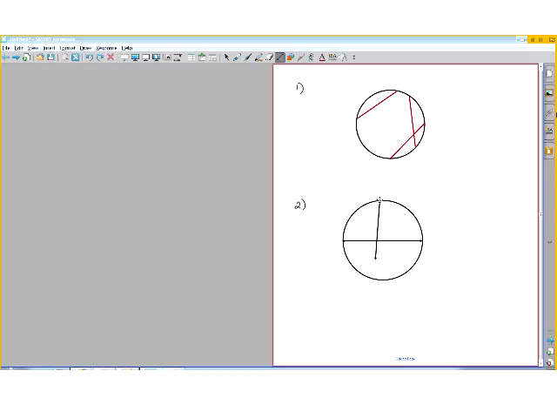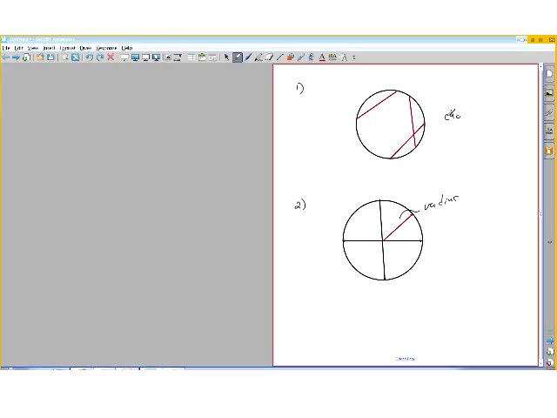If you want to find the center, you take two of the diameters, and they're going to cross right in the center. And the distance from the center to the circle is constant, and that's called a radius.